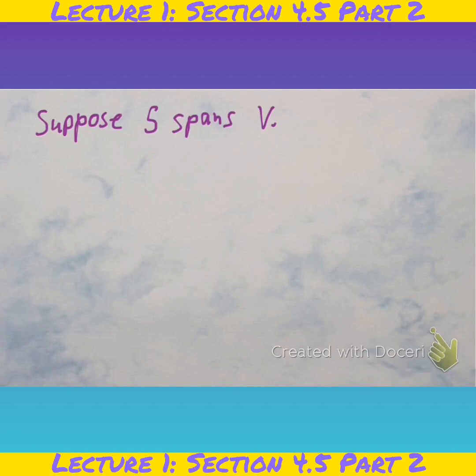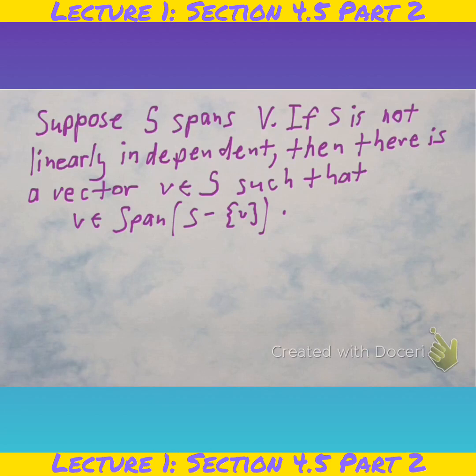It means that we can express one vector in S as a linear combination of all the other vectors in S. So there's a vector v in S that is in the span of S minus v. So v is a linear combination of all the vectors in S minus v.